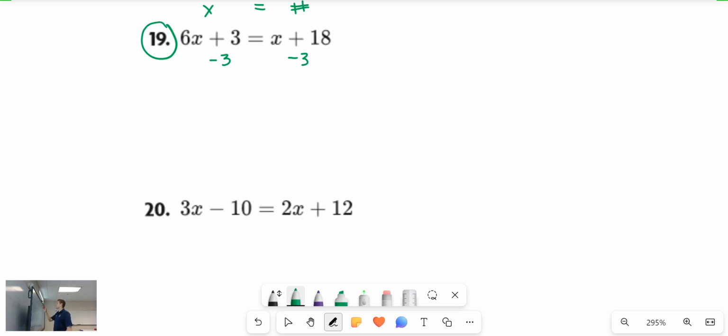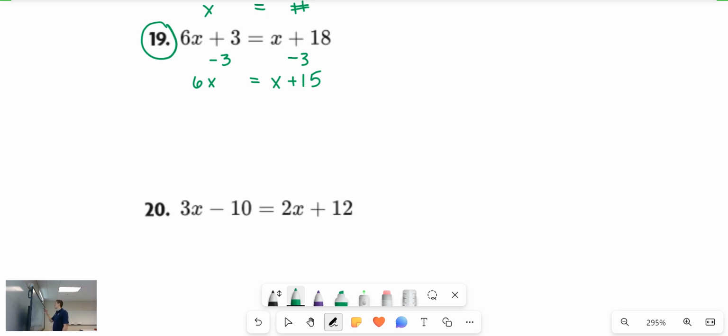So subtract 3 from both sides. So we have 6x by itself over here equals, and this should become x plus 15, because we had 18 and we're taking away 3.